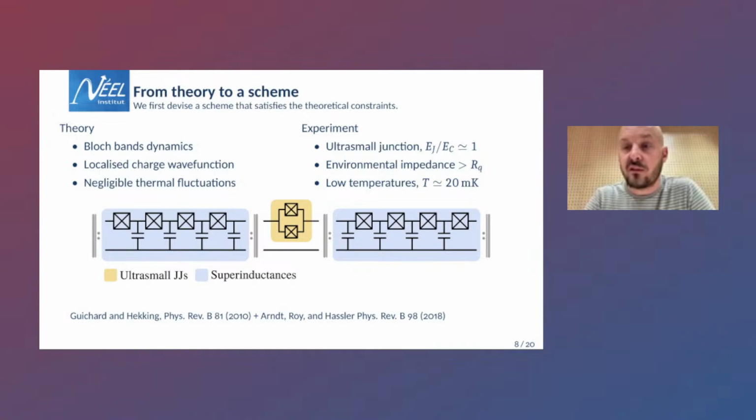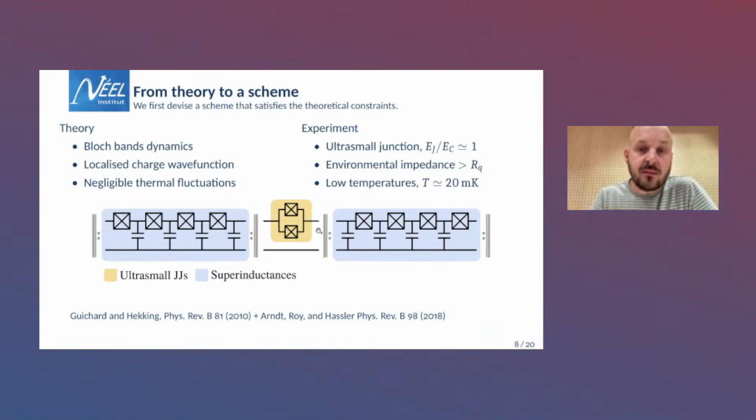It's because the impedance of a transmission line is the square root of L divided by C. So if you make a very large inductance and you have a very small capacitance to ground, you can have a transmission line without any Joule heating, because you only have a superconducting element, but still, from the point of view of the small junction, it will be a large impedance. So this is what we implemented.